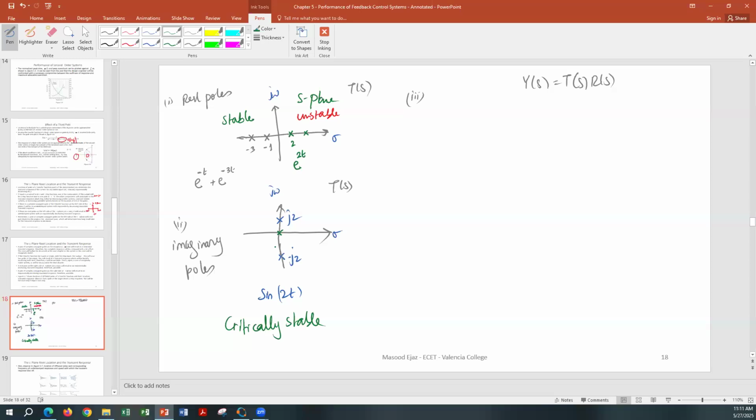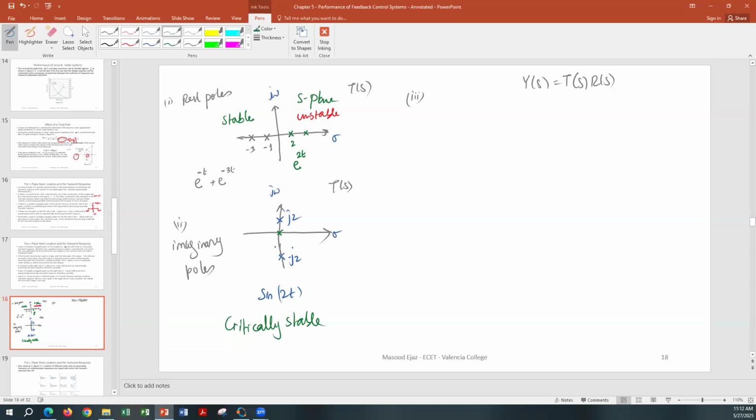It is still on the y-axis, but it is not at the same point as j2 and negative j2. So the output of the system is going to be a stable output. The system is still called a critically stable system, but since the third pole, which is coming from R(s), is not at the same point as these, the output of the system is going to become stable.